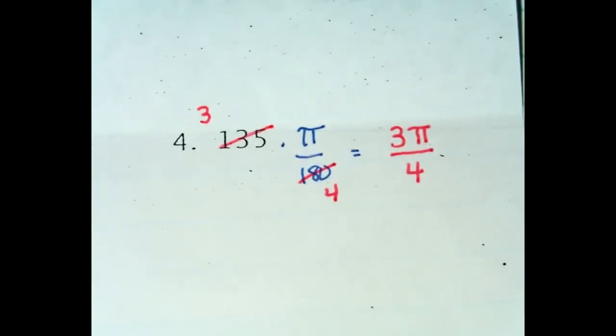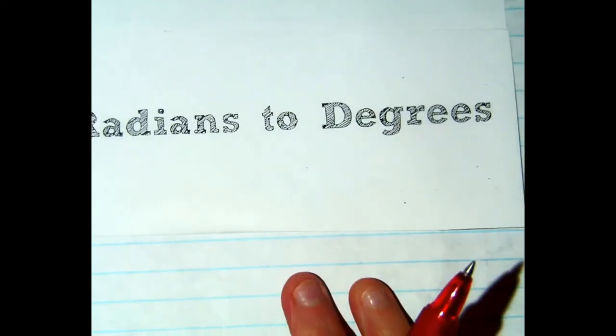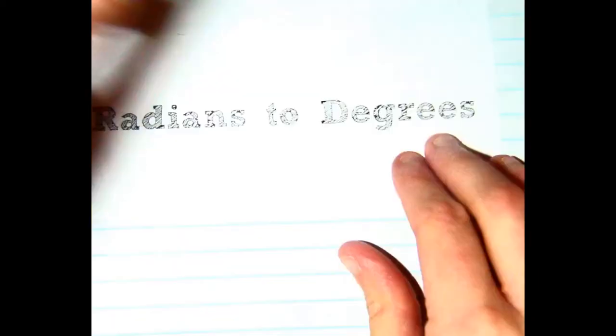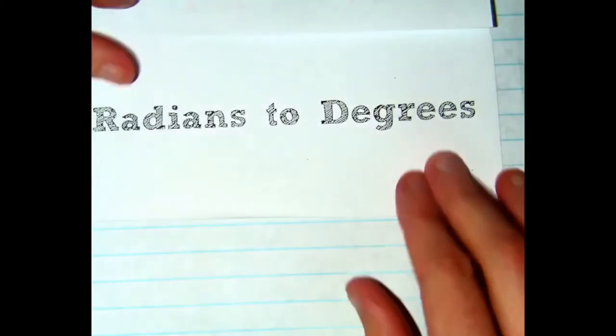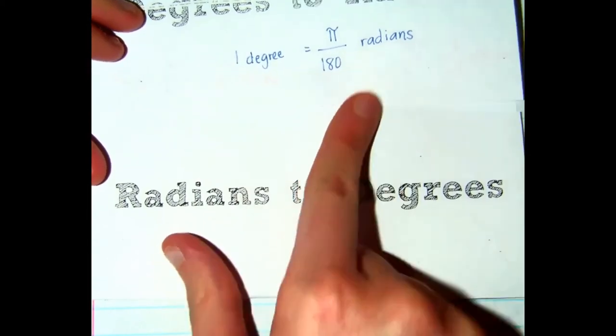Okay, that's how you convert from degrees to radians. Now we need to talk about how you go from radians to degrees. There's a practice test question that you'll see before long. We're going to take the practice test right before spring break that has you using radians. You have to convert back and forth. The formula to go from degrees to radians is 1 degree equals pi over 180 radians.